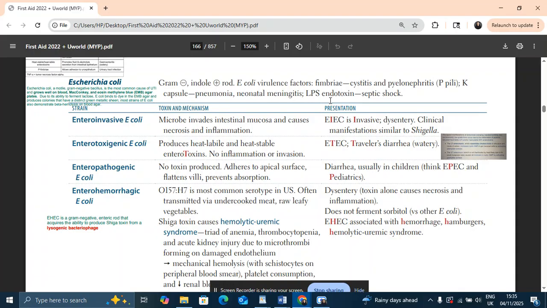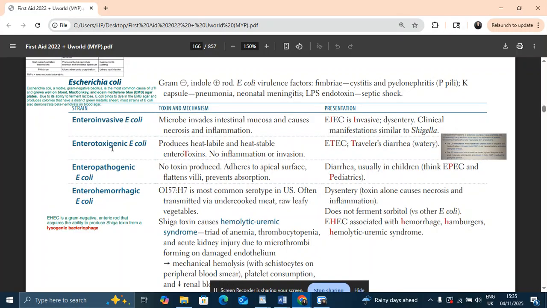We have already talked about these pro-inflammatory cytokines yesterday in my first microbiology lecture, so you should go and watch that video. So lipopolysaccharide produces interleukin 1, 6, TNF alpha, and it causes bacteremia and eventually septic shock.